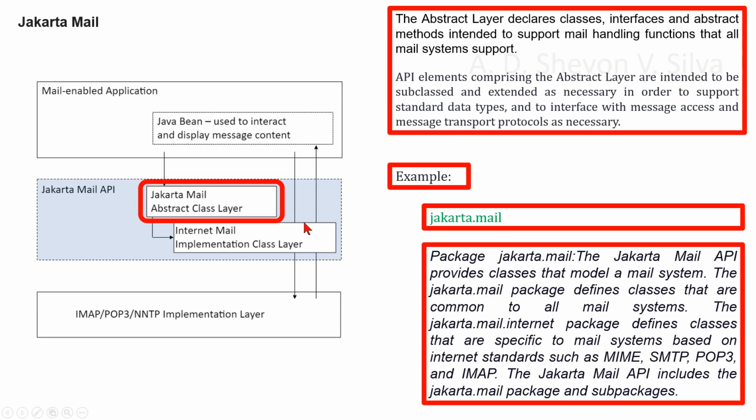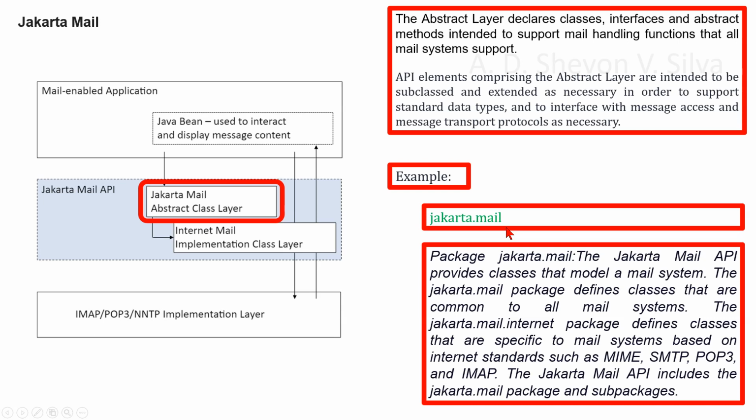As an example, we can consider the package jakarta.mail. The Jakarta Mail API provides classes that model a mail system. The jakarta.mail package defines classes that are common to all mail systems.